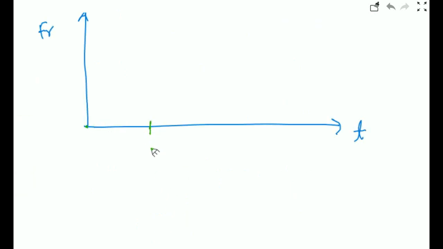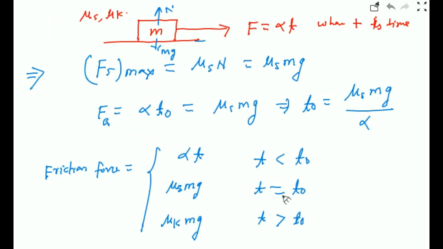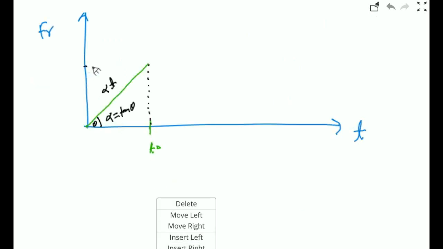Suppose this is t naught. So this is alpha t up to here, and this angle is theta, where alpha equals tan theta. When t is equal to t naught, the value is mu s mg, or you can write alpha into t naught.